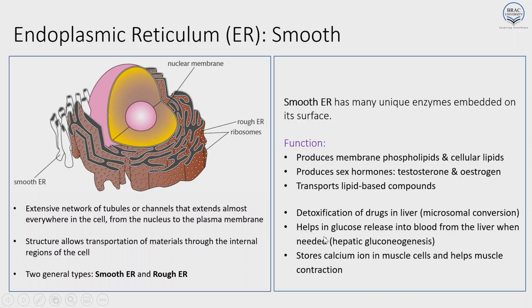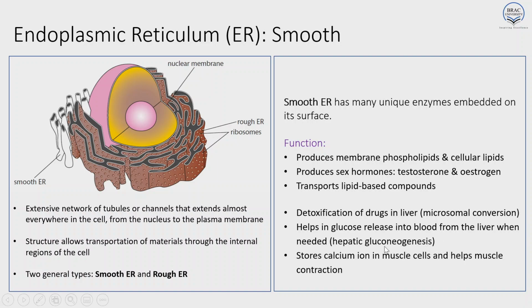And the next function is that it helps in glucose release into the blood from the liver. So another important function of smooth ER involves the liver. The ER helps in the glucose release from the liver into the blood when needed. Glucose is stored as glycogen in the cell, and glucose production or breakdown from glycogen is known as glycogenolysis.